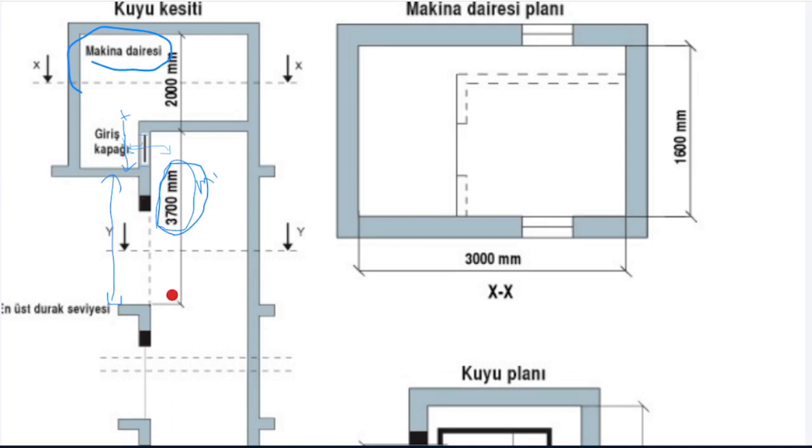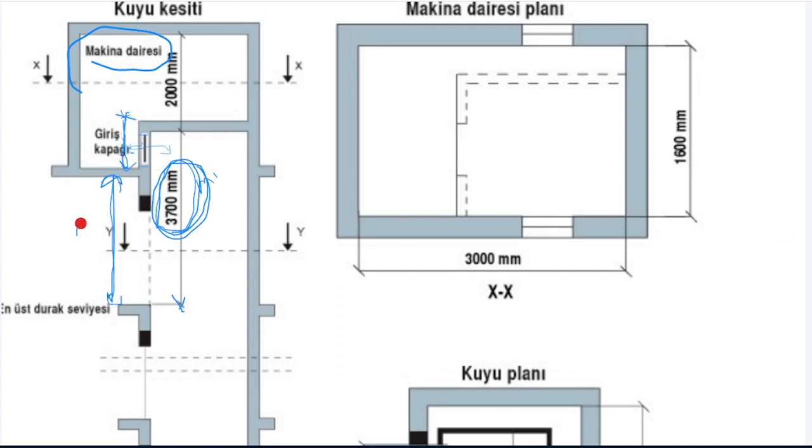Look at here, this part should be at least 3.70. This is the keyword that you need to know. So if you consider 3 meters a floor, you should put this one 70 centimeters, okay?